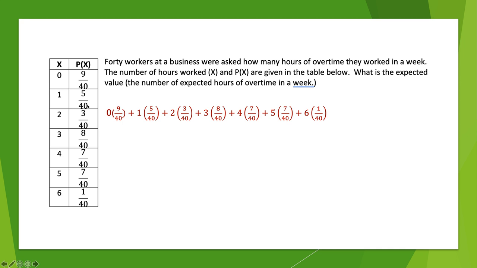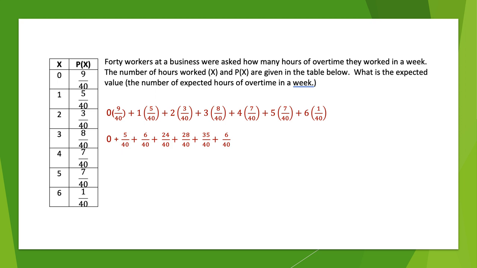For 1 hour of overtime, it's 5/40ths, so I do 1 times 5/40ths. 2 hours is 3/40ths, 3 hours is 8/40ths, 4 hours is 7/40ths, 5 hours 7/40ths, and 6 hours is 1/40th. So I would multiply all of those, and I come out with 0, 5/40ths, 6/40ths, 24/40ths, 28/40ths, 35/40ths, and 6/40ths for the last one.